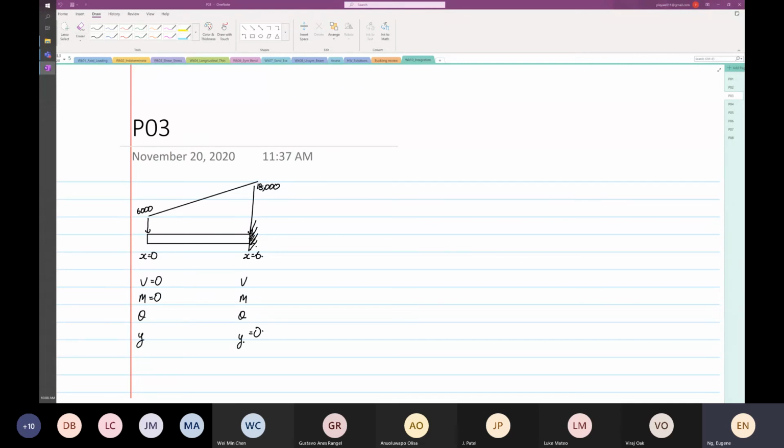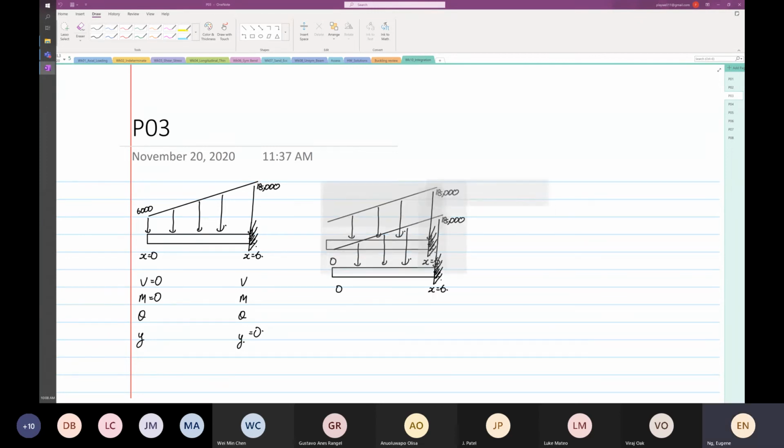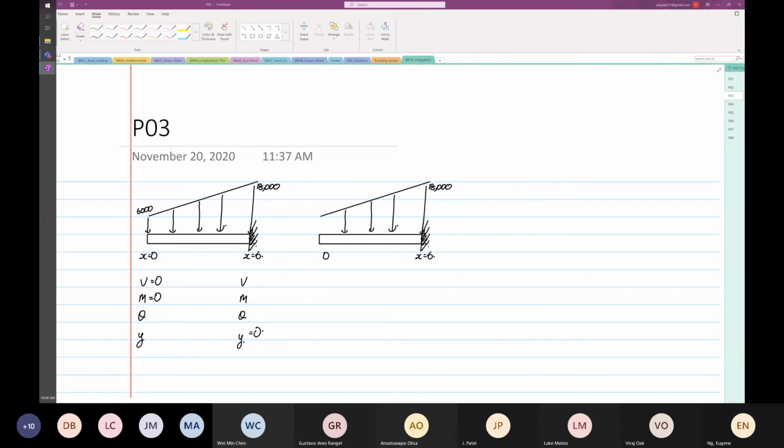Now, what if we decided to change the holding? What do I mean by that? What if we take the entire same loading system? Now, we don't have a cantilever beam.